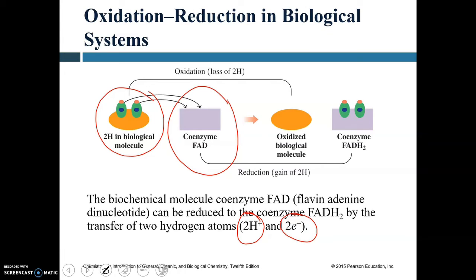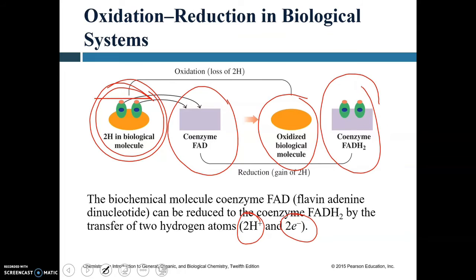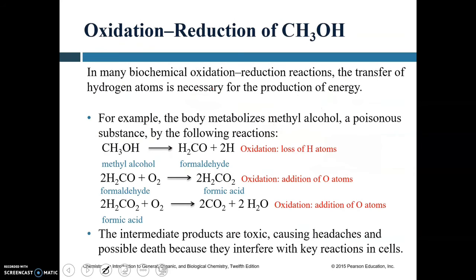In this situation, the biological molecule that loses 2 hydrogens and 2 electrons becomes oxidized, while the coenzyme FAD, when it accepts 2 electrons and 2 hydrogens, becomes reduced. So you can see that it's a reaction of oxidation of the biological molecule, loss of hydrogens and electrons, but at the same time it's a reduction of coenzyme FAD, gain of hydrogens and electrons.